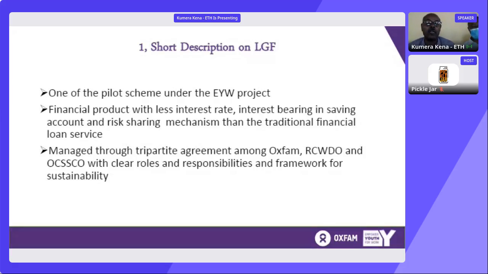The loan guarantee fund is a user-friendly financial product with a lower interest rate and interest bearing in saving account, with a risk sharing mechanism, compared to the other menus of financial products implemented by the microfinance institutions. It is managed through a tripartite agreement, joint agreements with Oxfam, the partner or implementing organizations and the microfinance institutions.